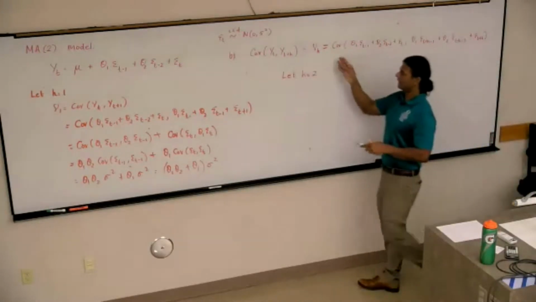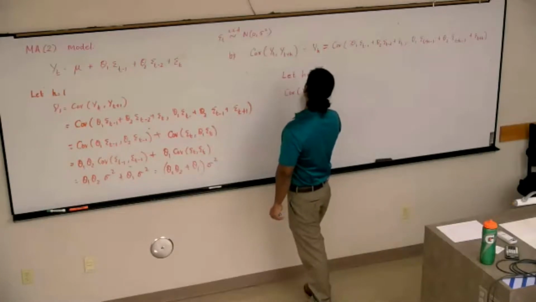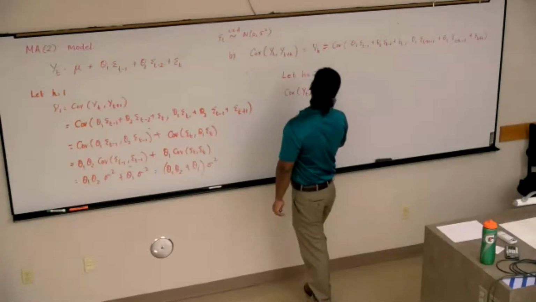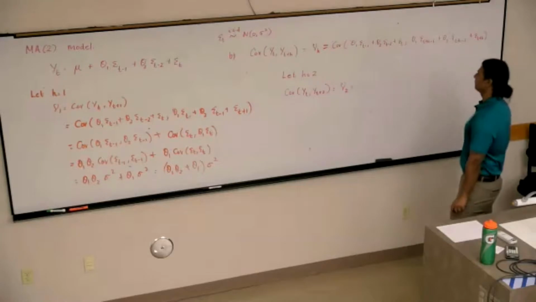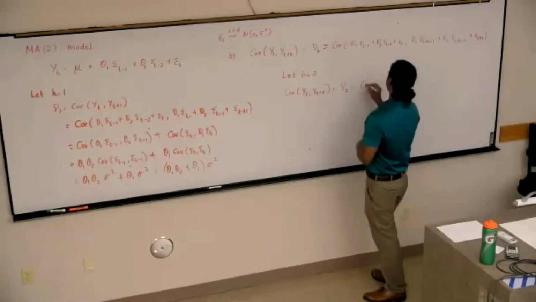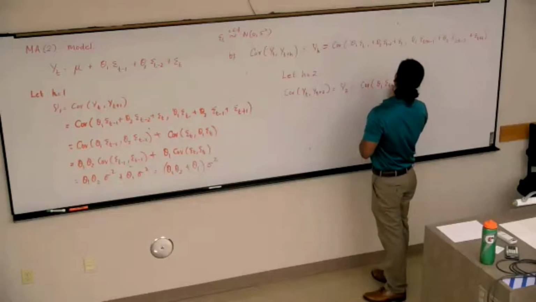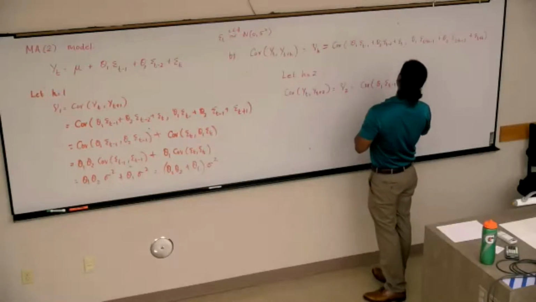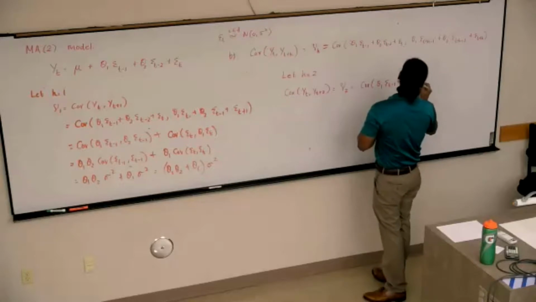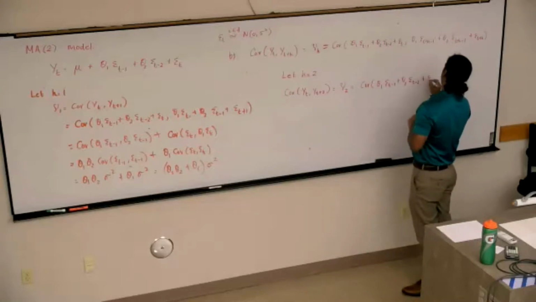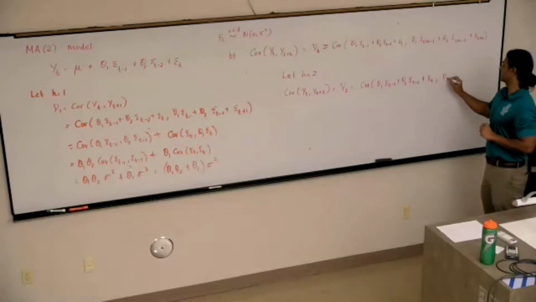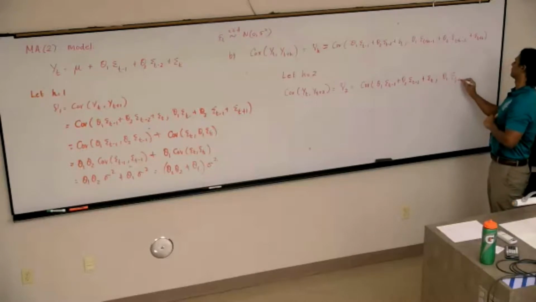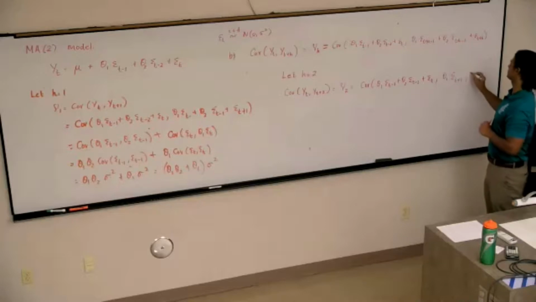Here we look at yt, comma, yt plus 2. In other words, we're finding gamma 2. If I write the expression, I will get epsilon t, theta 1 epsilon t minus 1, theta 2 epsilon t minus 2, and when I plug in 2 for h, I will get epsilon t plus 2, theta 1 epsilon t plus 1, theta 2 epsilon t.